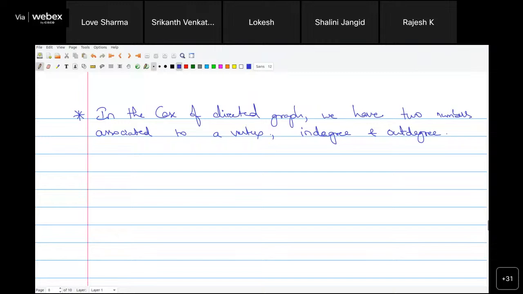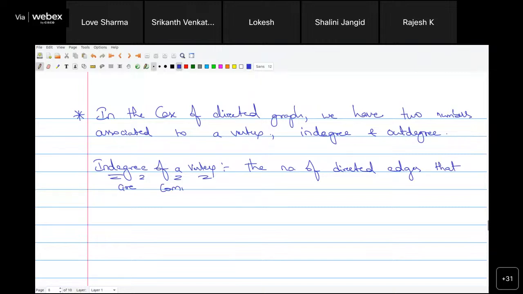So in degree of a vertex means the number of directed edges that are coming towards the vertex u is the in-degree of u. Okay, so the number of directed edges coming towards vertex u is the in-degree.